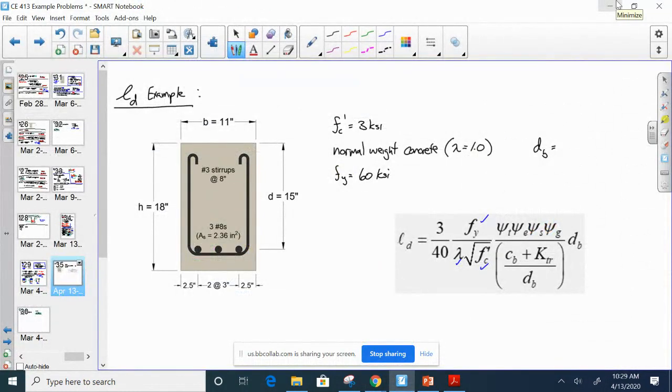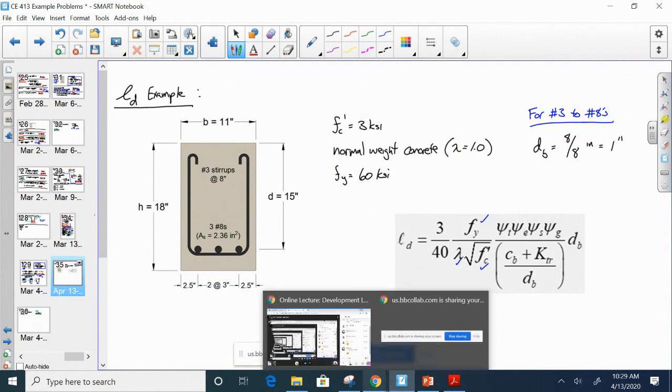So if you remember, for number 3 to number 8, we take the number and divide it by 8. And so that's 8/8, 1 inch.